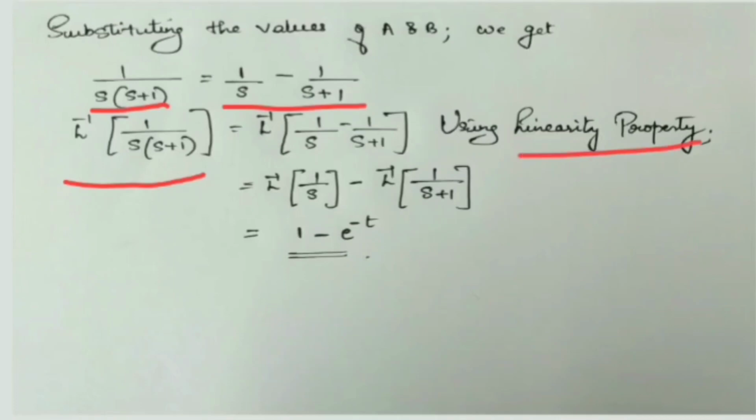Using the linearity property, we can split these two terms: inverse Laplace of 1 by s minus inverse Laplace of 1 by s plus 1, which is equal to 1 minus e raised to minus t, because the inverse Laplace of 1 by s is 1 and the inverse Laplace of 1 by s plus 1 is e raised to minus t.